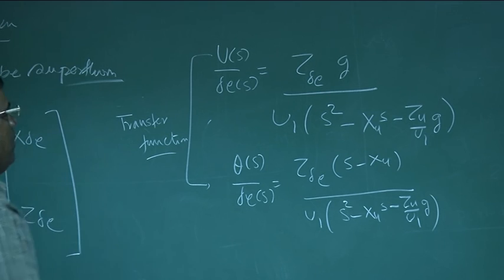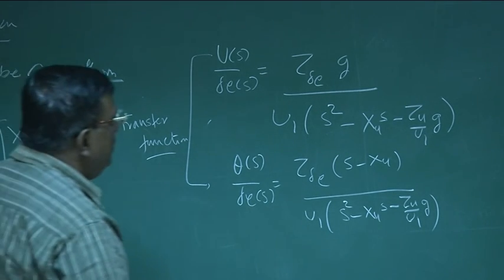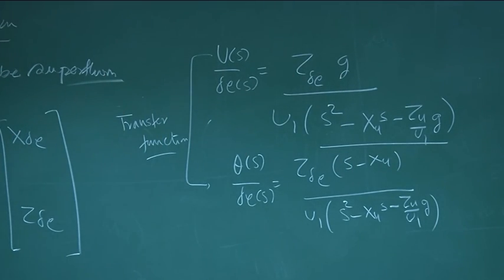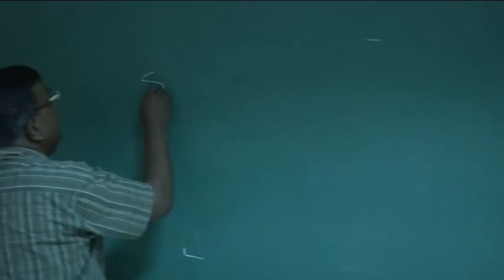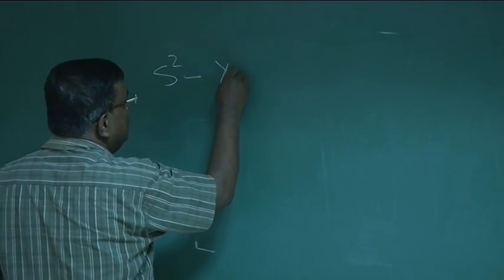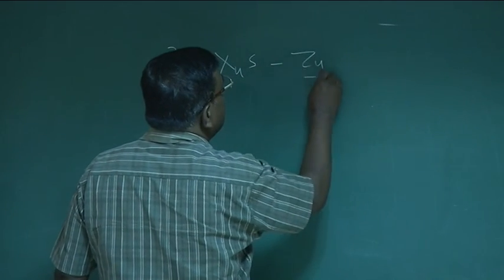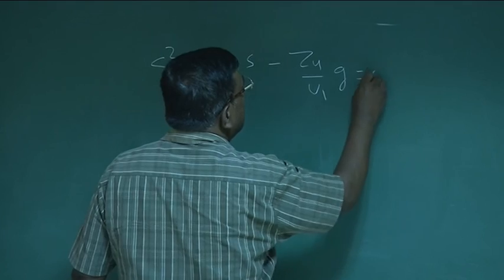Now if I want to find the roots, what do I have to do? I have to ensure that the denominator is 0; this is the characteristic equation. If I put that to 0, I get s squared minus xu s minus zu by u1 into g equal to 0.